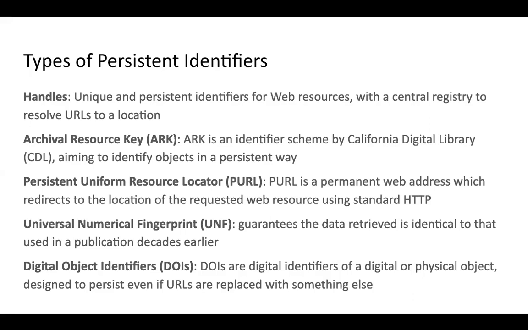You'll see these used in Dataverse. But the digital object identifiers, DOIs, are digital identifiers of digital or physical objects designed to persist even if those URLs are replaced with something else. And these are the most common persistent identifiers that you may see for research articles and data sets.